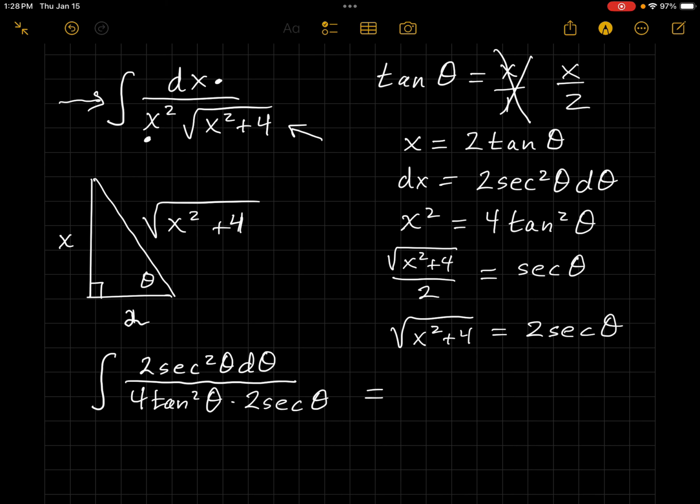And let's see if we can simplify that integral a little bit. We can, of course. I can cancel out a 2 there. I can cancel out a secant top and bottom, which gives us secant of theta over 4 tangent squared theta d theta.